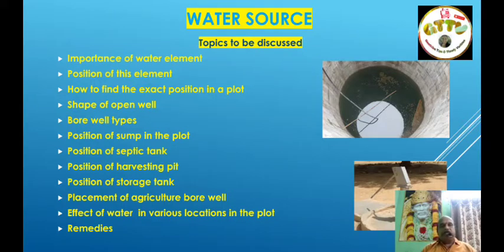Now what is the importance of water element, position of this element, how to find exact position in a plot, name shape of the open well, the bore well, what are the different types of bore wells, position of sump in the plot, position of the septic tank, position of harvesting pit, position of the storage tank, placement of agricultural bore well, effect of water in various locations in the plot, and also harvesting pit, and what are the remedies if there are any wrong positions of the water element.